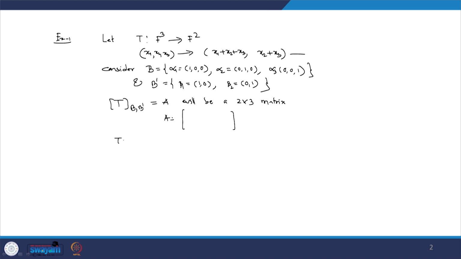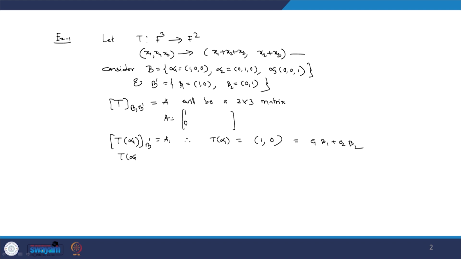So, we know the coordinate matrix of T alpha 1 with respect to B prime is the first column, that is A1. So, T of alpha 1 is (1, 0), which implies that if I write C1 into beta 1 plus C2 into beta 2, certainly C1 equal to 1 and C2 equal to 0. So, (1, 0) will be the first column.